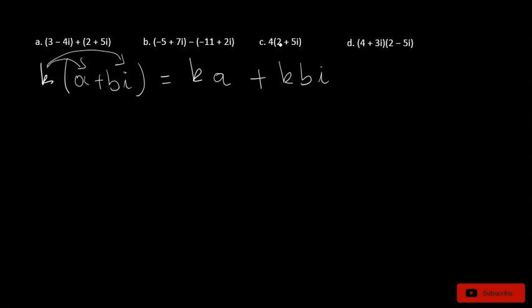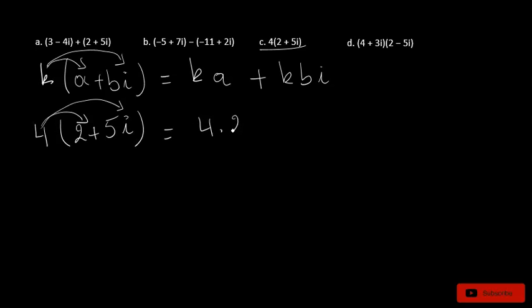Let's apply this to example C. We have 4 times 2 plus 5i. We will do distribution first: 4 times 2 plus 4 times 5i.